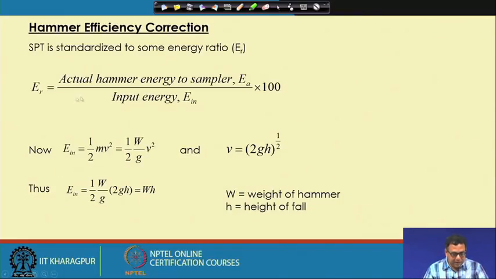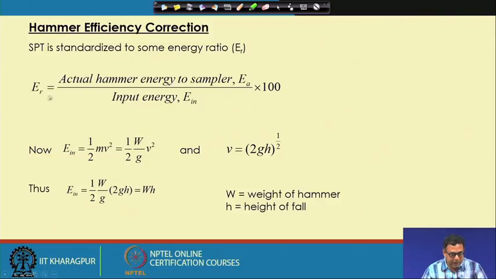As I mentioned, our theoretical input energy is the weight of the hammer times the height of free fall, but our hammer efficiency is not the same for different hammers. That is why the actual hammer energy that we apply in the field is different.